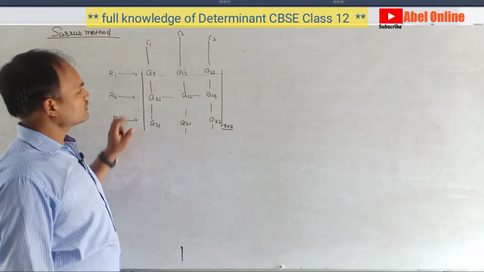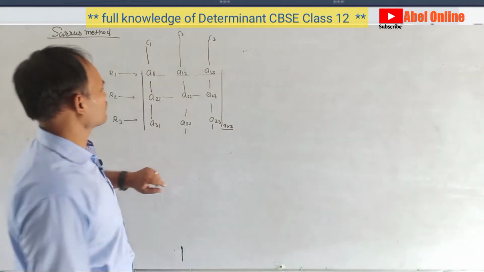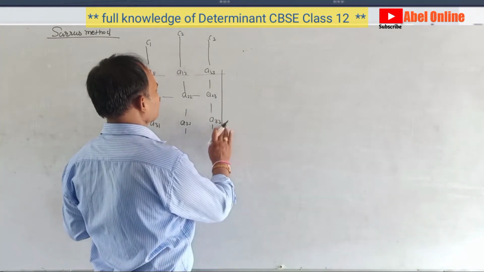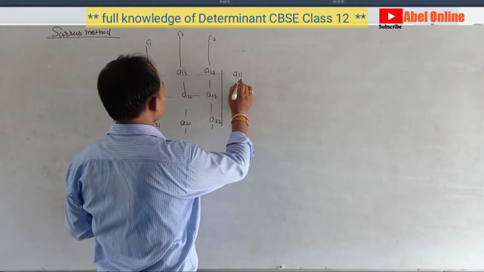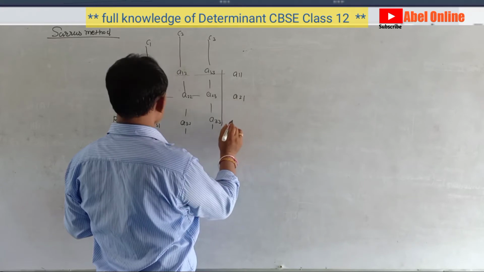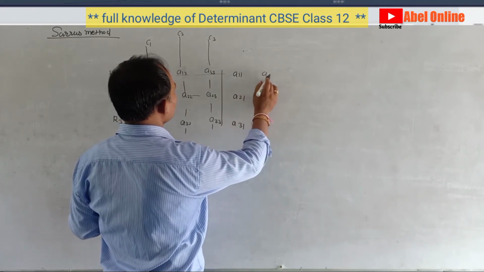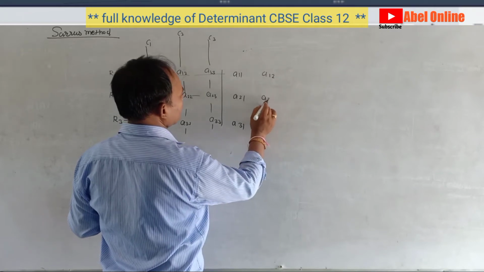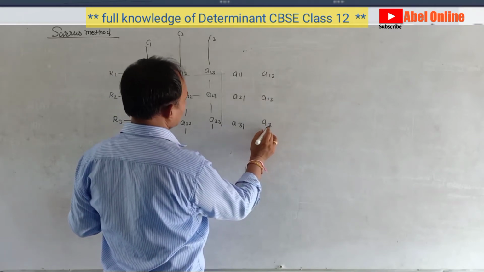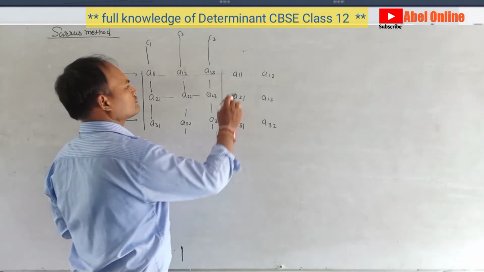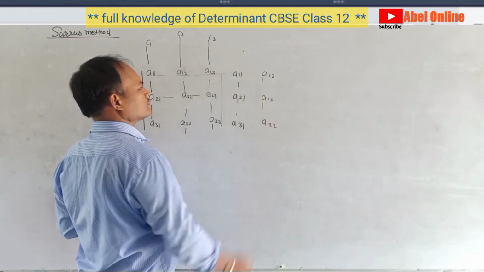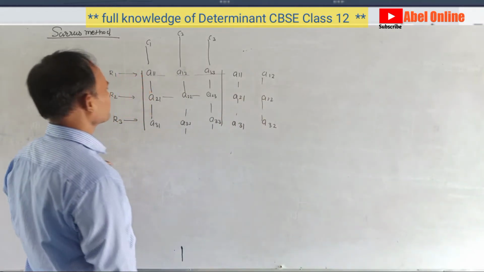Now you have to write again the first and second column as it is. The method is that you have to write here A11, first column is A21 and A31, and the second column is A12, A22, A32. You have written them as it is.